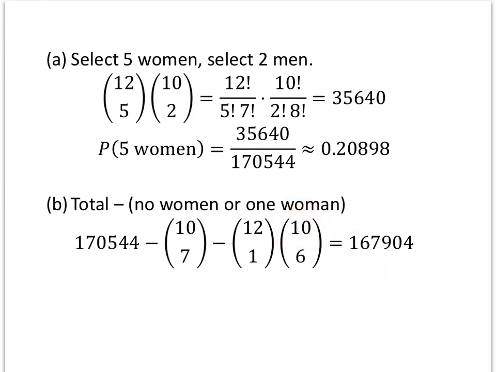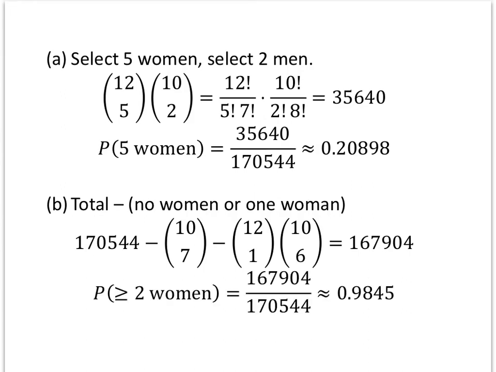Okay, which is 167,904. So the probability is going to be 167,904 divided by 170,544, which is about a 98.45% chance. Which makes sense because there are a couple women more than there are men.